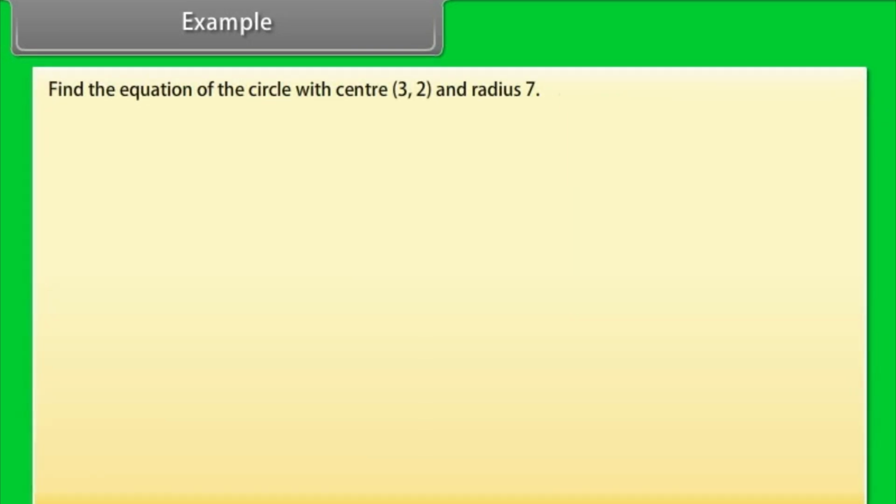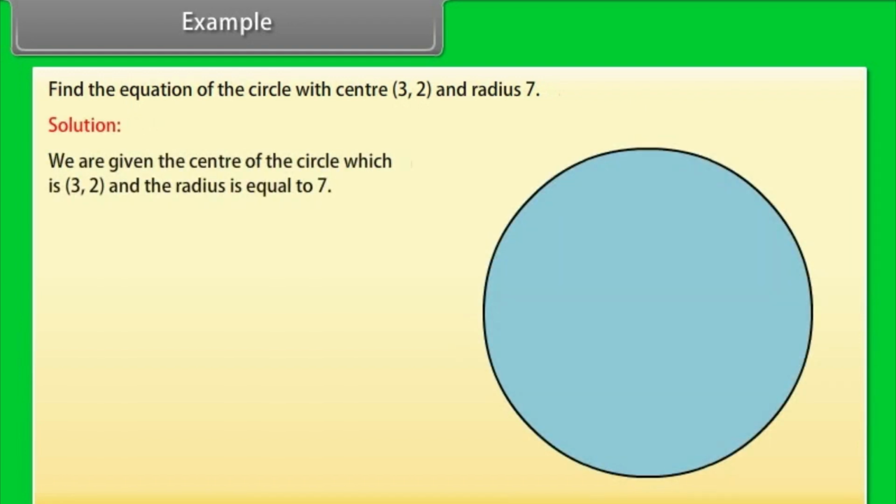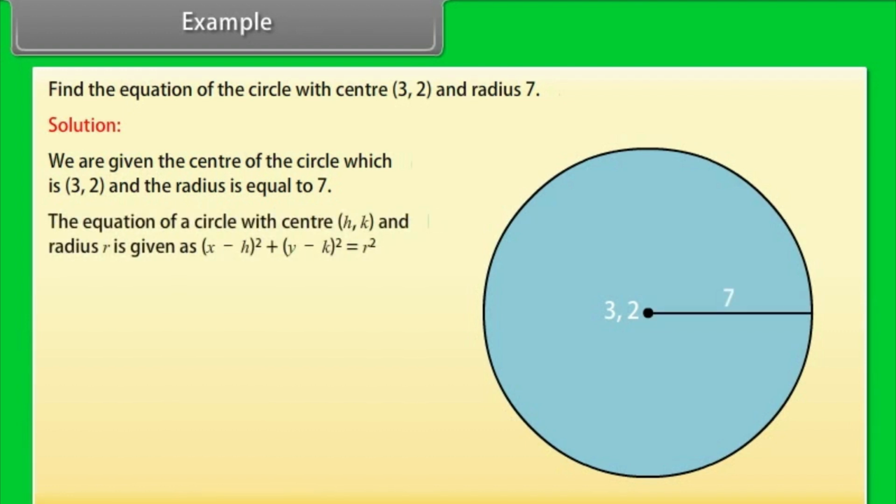Example. Find the equation of the circle with center (3, 2) and radius 7. Solution. We are given the center of the circle, which is (3, 2), and the radius is equal to 7. The equation of a circle with center (h, k) and radius r is given as (x - h)^2 + (y - k)^2 = r^2. h and k are 3 and 2, and radius r is equal to 7.